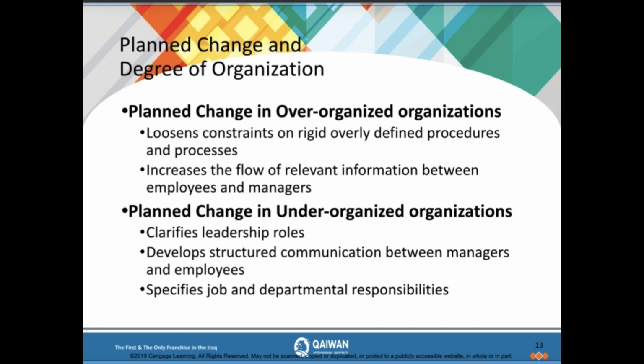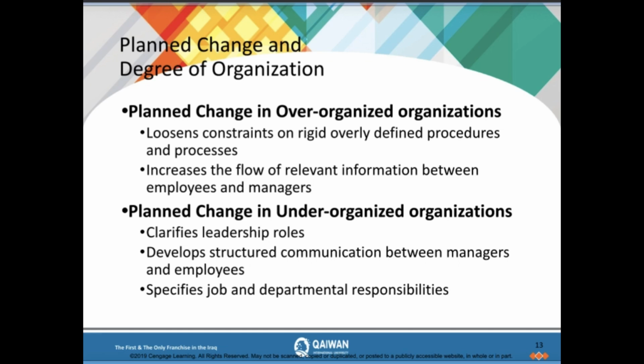On the other hand, in an under-organized organization, where the roles and processes are less defined, planned change focuses on clarifying leadership roles and developing structured communication. It also specifies job and departmental responsibilities, so everyone knows what they are accountable for, and the organization can operate more smoothly.